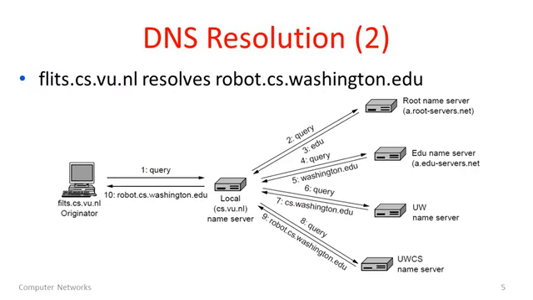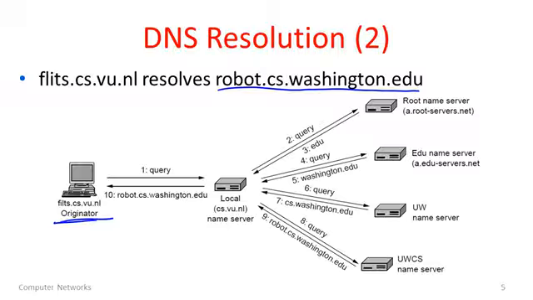So let's just imagine that we have a client here, or an originator of the request here, that should say flits.cs.vu.nl. What it wants to do is resolve robot.cs.washington.edu. That means it wants to find the IP address of this machine. Must be a popular machine, it's been turning up a lot in our examples, must have some great content, but to contact it we need that IP address.